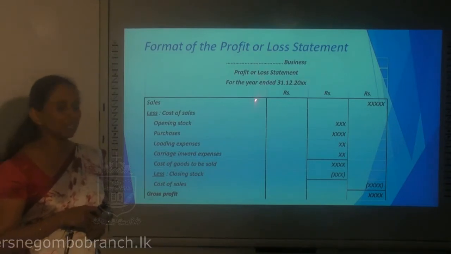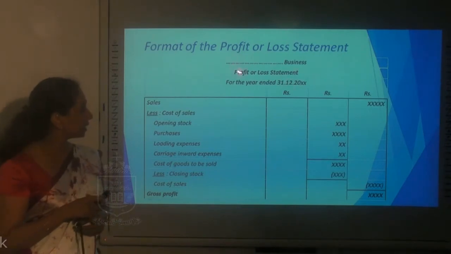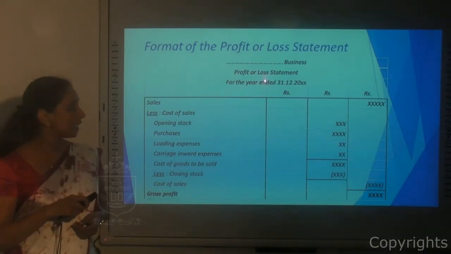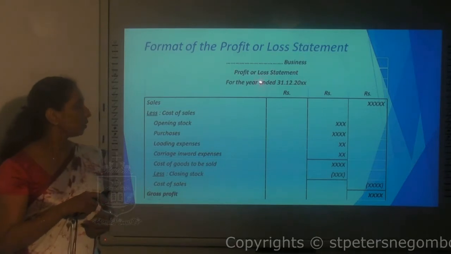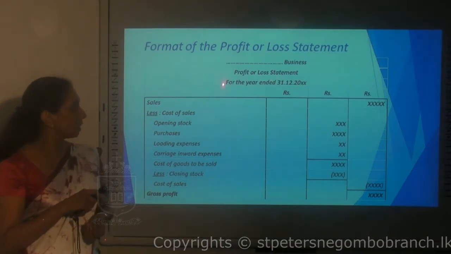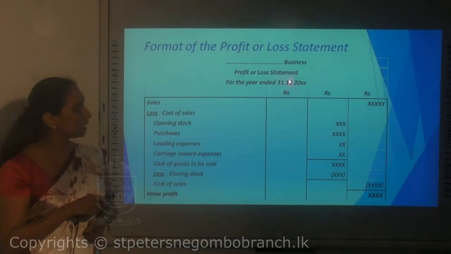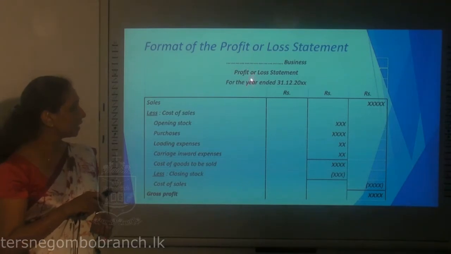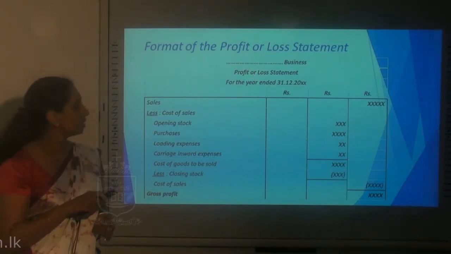And in the next line, we need to say for which period we are preparing this profit or loss statement. So this particular statement is prepared for the year ended 31st December. When we are mentioning the period, it gives the last date of the financial period, and it says that this statement is prepared for the year.